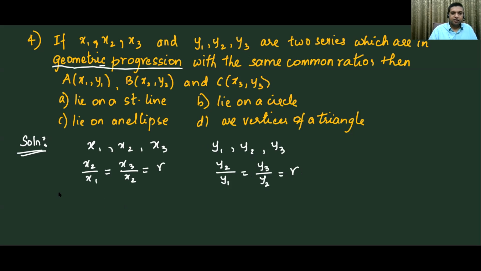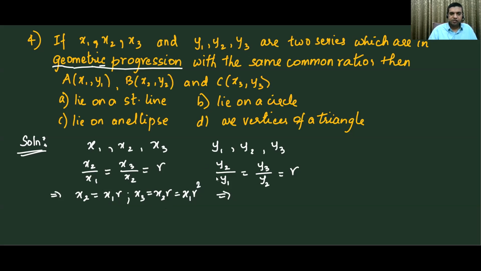Okay, so we get x2 as x1 times R and x3 as x2 times R. Write x2 as x1 times R here. You will get x3 as x1 times R square.